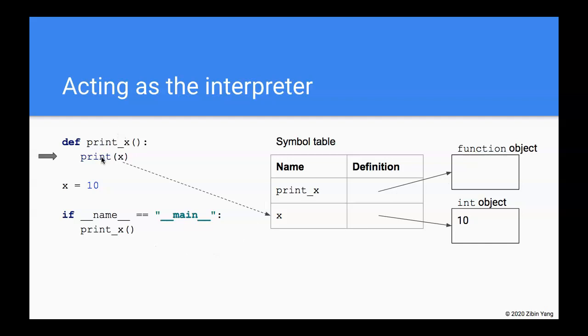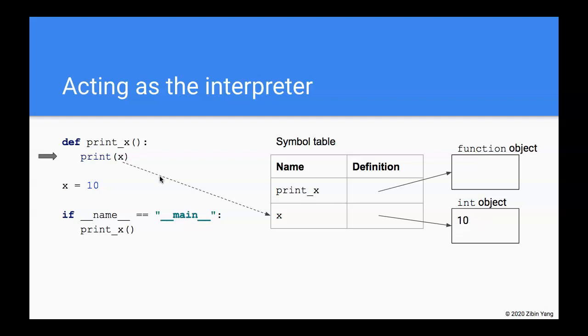It steps into the function, and it sees that it wants to print x. Now it encounters another name, x. What is x? Well, it looks up the symbol table again, and it sees that x is an integer object that contains the value 10.